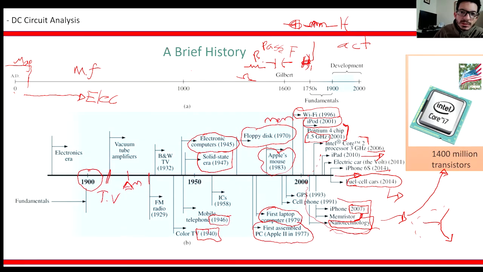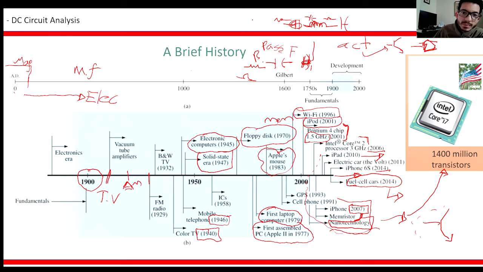These three elements, resistors, capacitors, and inductors, are passive elements. And they're used throughout for filters, for voltage dividers, for a lot of things. Active elements are transistors, amplifiers, and mostly diodes.